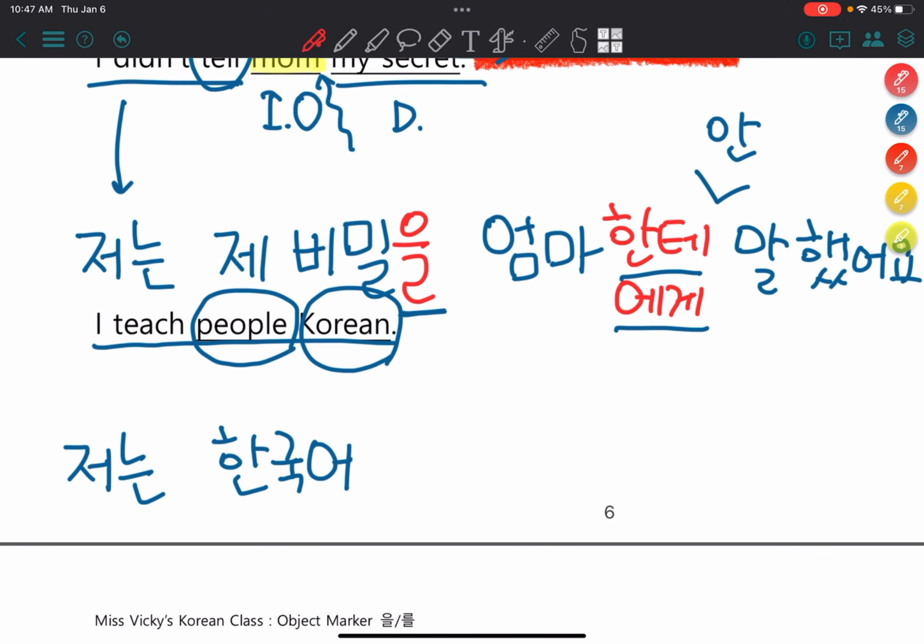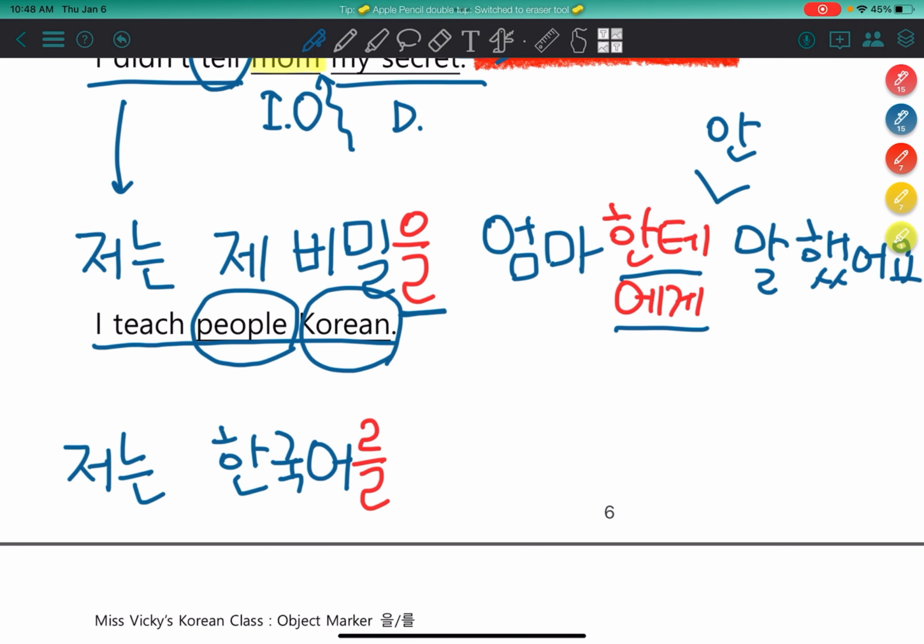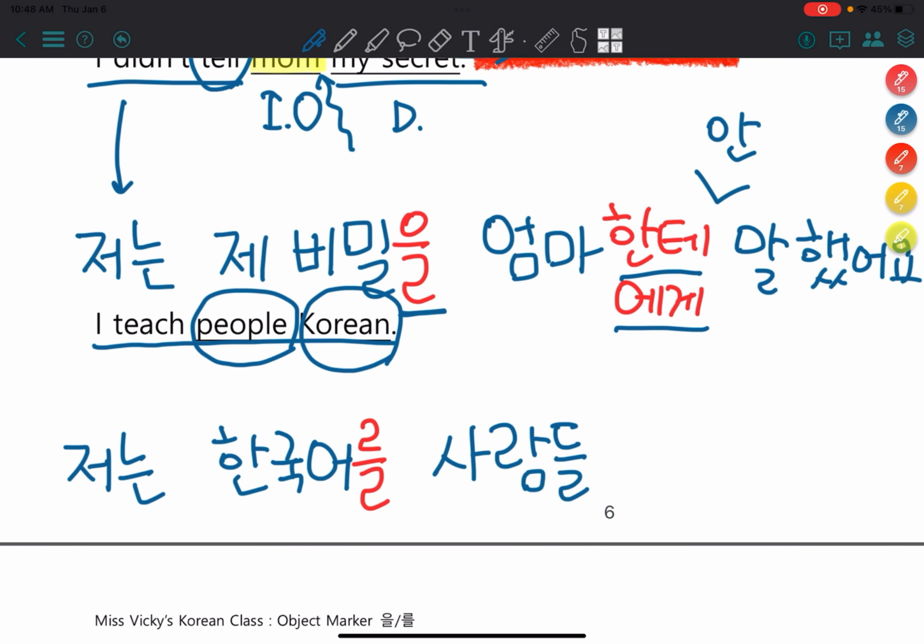Since Korean is the object, the direct object of the verb, you can mark it with an object marking particle. And people, 사람들 are the ones that are receiving my service of teaching. So you can mark it with 한테 or 에게, 사람들한테 한국어를 I teach, 가르쳐요.